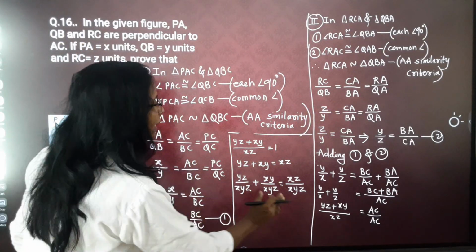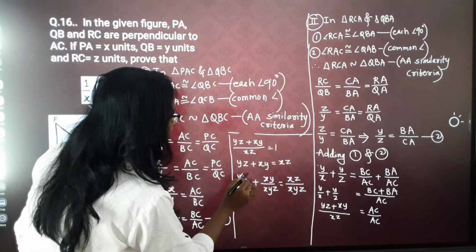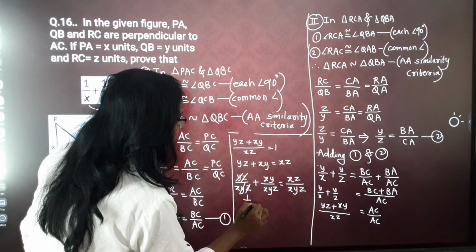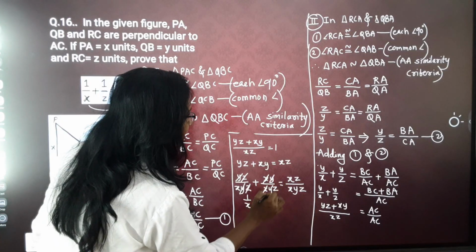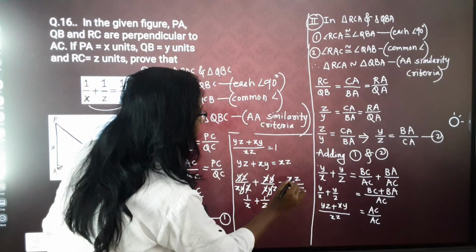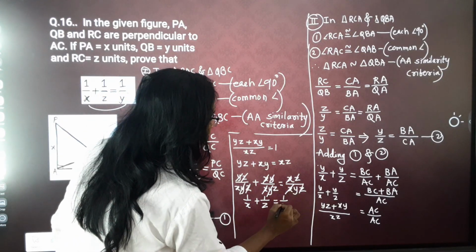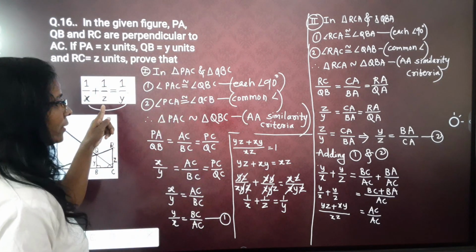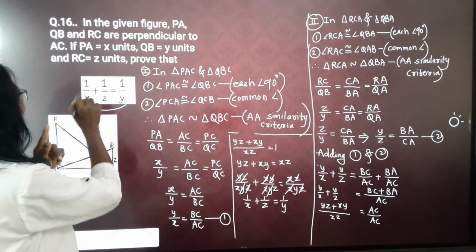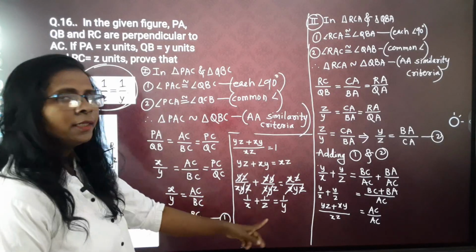So now we are dividing both the sides by XYZ. So YZ gets canceled, so here 1 upon X plus, students, XY gets canceled, so 1 upon Z, which is equal to XZ and XZ cancel, so 1 upon 1. So now students see, our proof is this one, and hence it is proved.